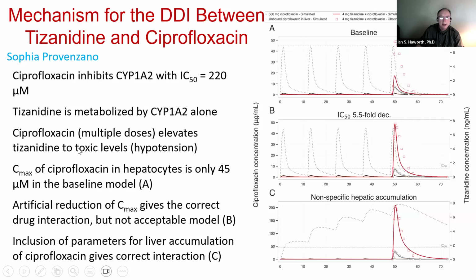Ciprofloxacin elevates tizanidine, and this is contraindicated because this causes a hypertensive effect, a very serious hypertensive effect. But the problem is that when you look at models of ciprofloxacin, you look at plasma concentrations, and you build your PBPK model, you really cannot get evidence that there's much of an effect.